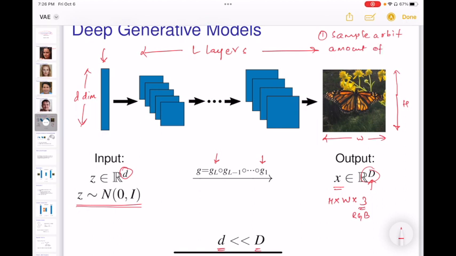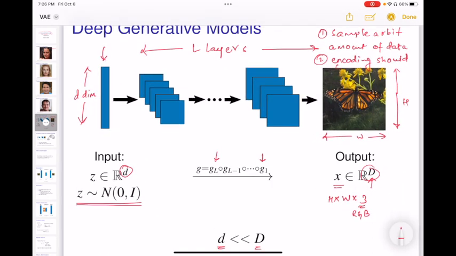Number two is that the encoding should compress the data, which means that small d should be smaller than capital D, which means that the latent code should be smaller than the data itself. So if you represent everything as encodings, it should be a smaller size data set than the original data set itself, so you are able to compress the images into their latent codes.